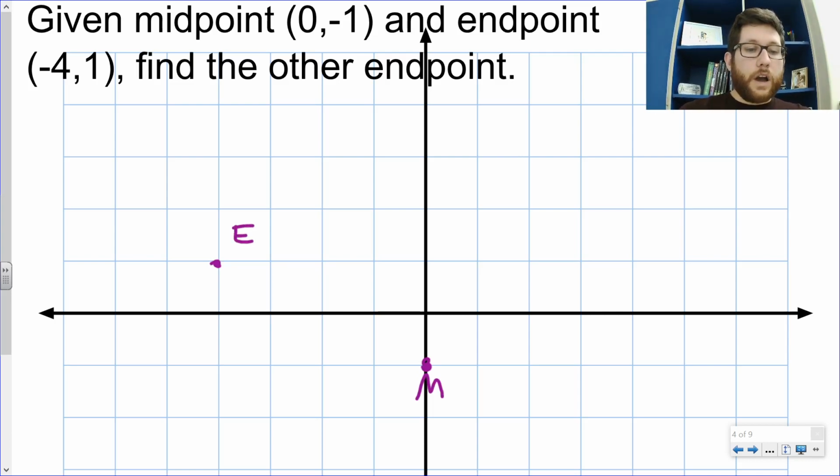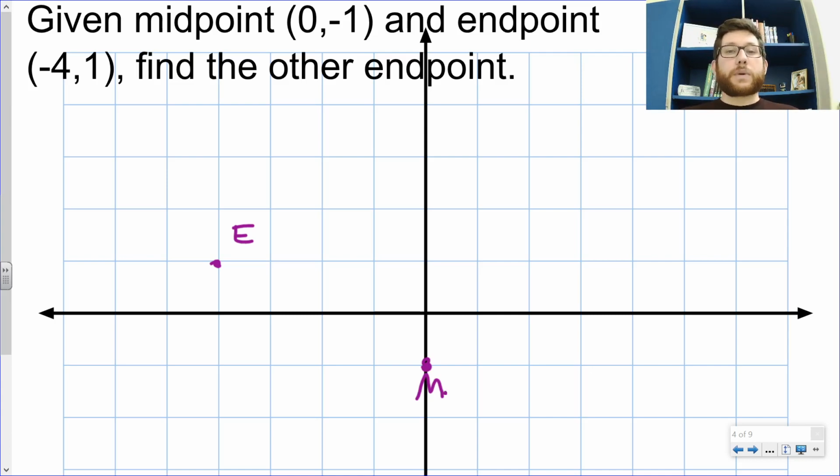Like I said, a common mistake is to not label them, and instead of getting a second endpoint where the midpoint is in the middle, they get the midpoint and the endpoint confused. Let me show you how to solve this one, and you'll see where you might go wrong. If this is one end and this is the middle, I need to go the same distance that I took from the endpoint to the midpoint to get to the second endpoint.